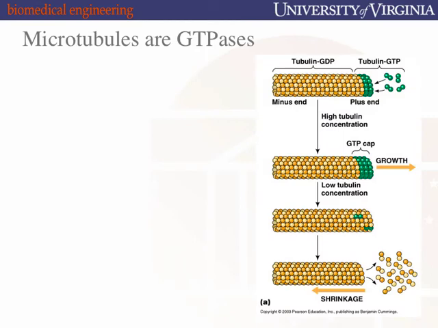All right, so let's talk about microtubules and microfilaments. Microtubules were addressed, or at least introduced to you guys in the pre-lecture. One thing to remember is that microtubules are enzymes. They're enzymes that we call GTPases.